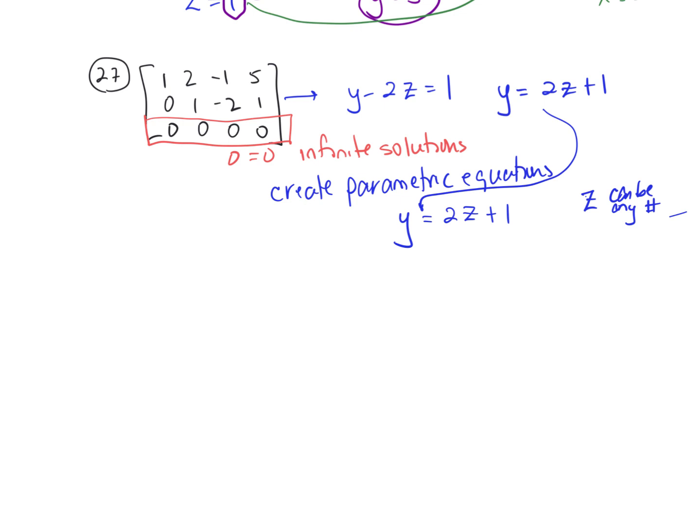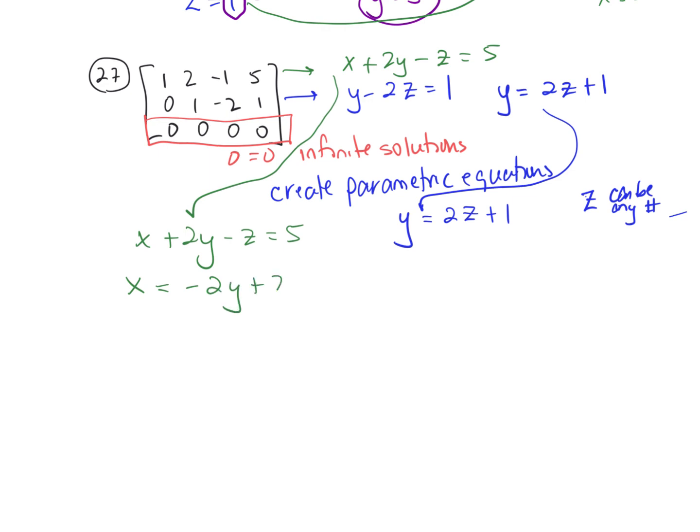I now have to go and move my top row, x plus 2y minus z equals 5. I don't have a lot of room, so I'm going to bring that down here. So x plus 2y minus z equals 5. I'm going to isolate x, so I will have x equals 5 minus 2y plus z.